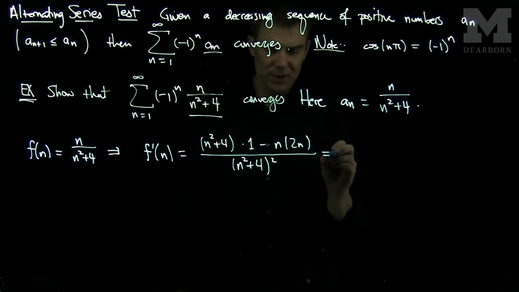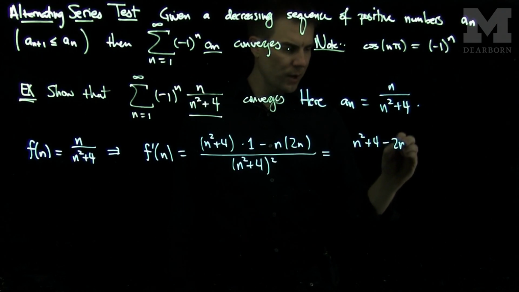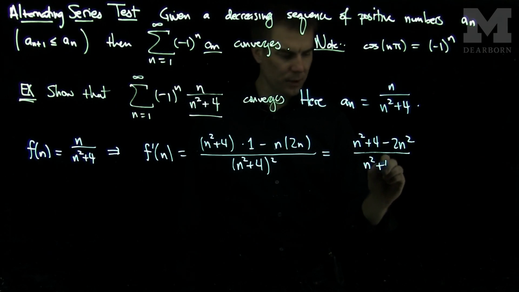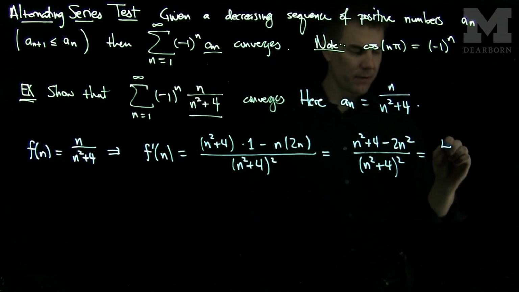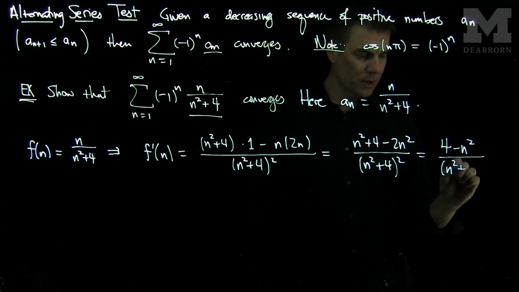If we simplify this, we'll have n squared plus 4 minus 2n squared, all divided by (n squared plus 4) squared. Simplifying further, we get 4 minus n squared all over (n squared plus 4) squared.